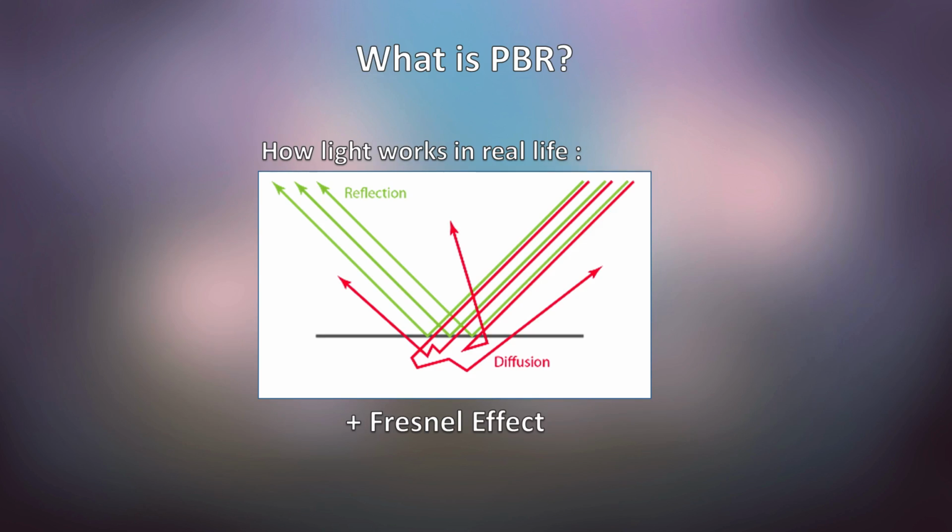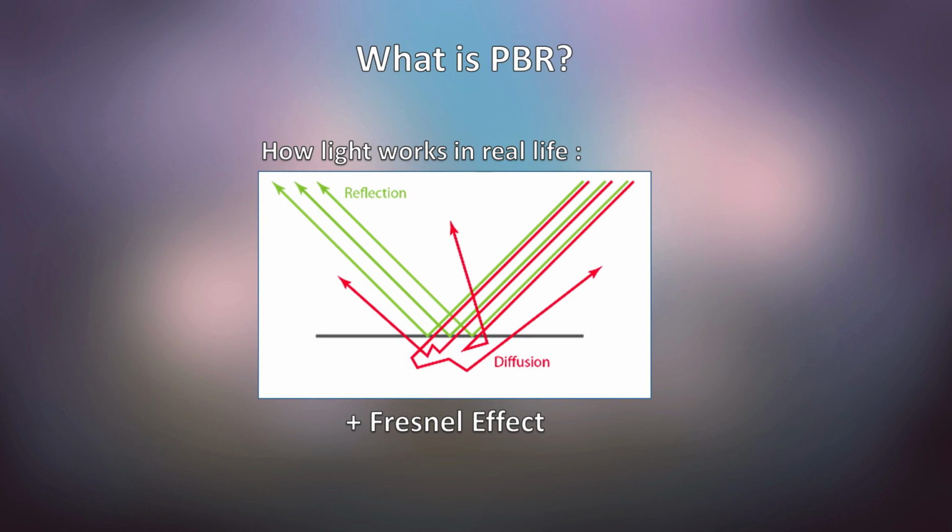What is it? PBR means physically based rendering, and to explain what it does, I have to do a little bit of physics. So don't worry, it's going to be quick and painless. There's no math involved. Imagine you got an apple in front of you, and this apple is red. How does light work in real life?